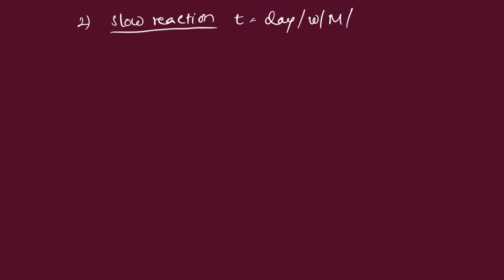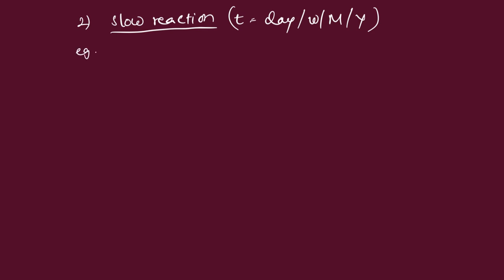Now, the second one is slow reactions. What are slow reactions? For a slow reaction, the time taken may be days, or it may take weeks, or months, or years.